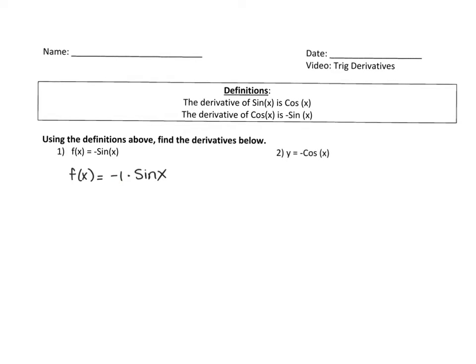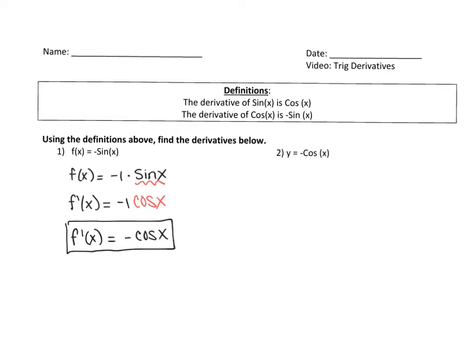So f prime is simply, if the derivative of sine is cosine, then all we're doing is bringing down this negative 1. So if you want to write it simpler, f prime is negative cosine of x.